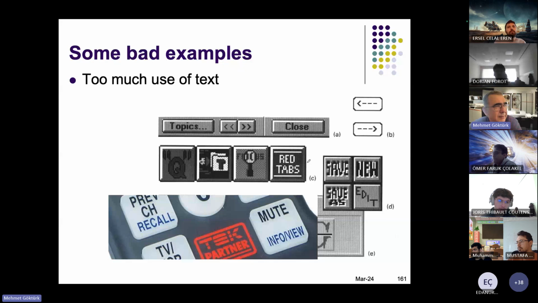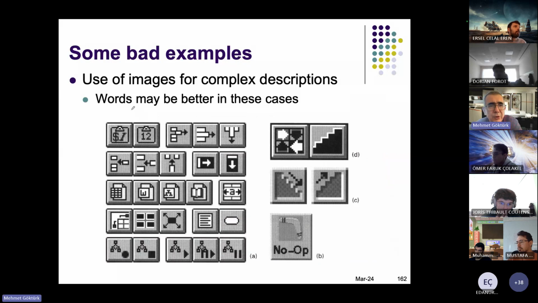Sometimes people can't find images and it becomes easy to put words instead, such as save, new. So text that is converted to image sometimes. Too much use of text is also problematic. If the task is complex, use of images may be not proper, such as insert into middle.